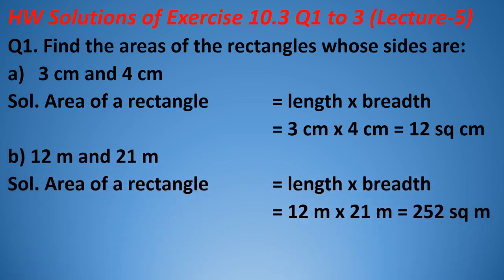B, 12 meter and 21 meter. Formula will remain same. Area of a rectangle is equal to length multiplied by breadth, 12 meter multiplied by 21 meter, which is equal to 252 square meter.